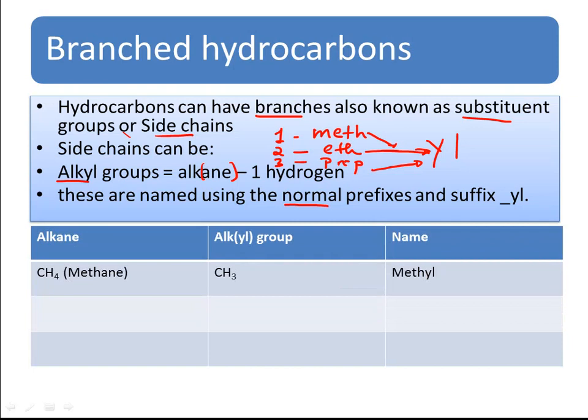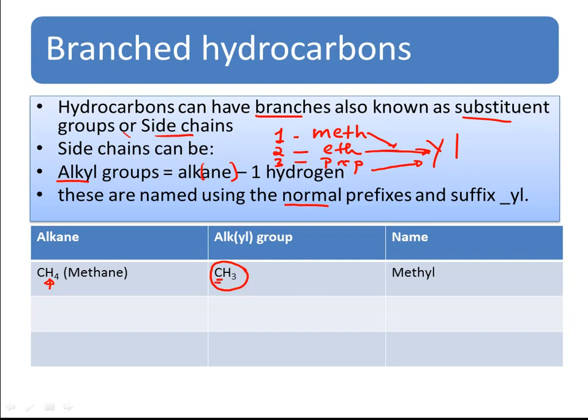Now, I've got a table here just to show you what I mean by that. So we said an alkyl group is a normal alkane where we have just removed a hydrogen. So if I take away a hydrogen from methane here, which is CH4, I end up with CH3. This CH3 is an alkyl group.